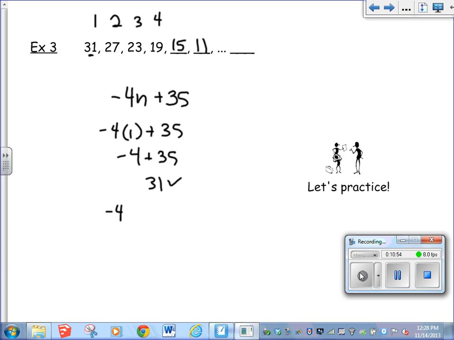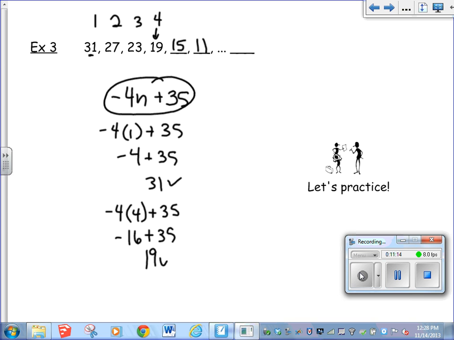So then we do negative 4 times 4 plus 35. What should we get out of this if it's correct? Liam? 19. 19, right? Because the fourth term is 19. And in fact, we do. So you found the correct formula. Questions? All right, you're going to practice some of these with a partner now.